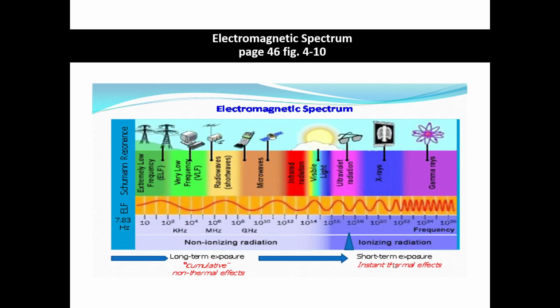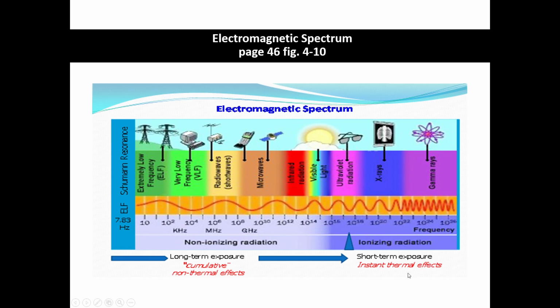This part on the bottom, we'll talk about in a couple weeks, but essentially the longer the wavelength, the shorter the frequency, they don't damage the body, but we reach a point in the ultraviolet area where we start to ionize cells.